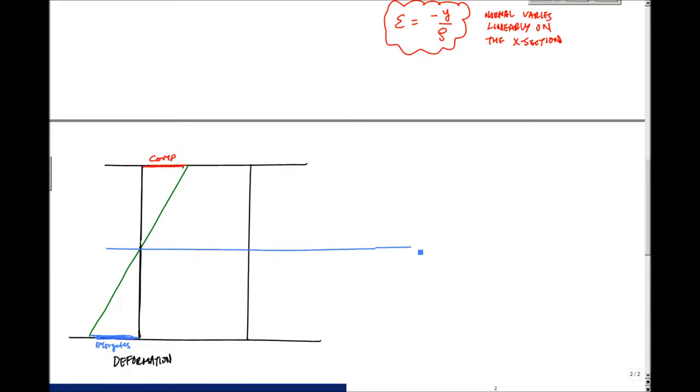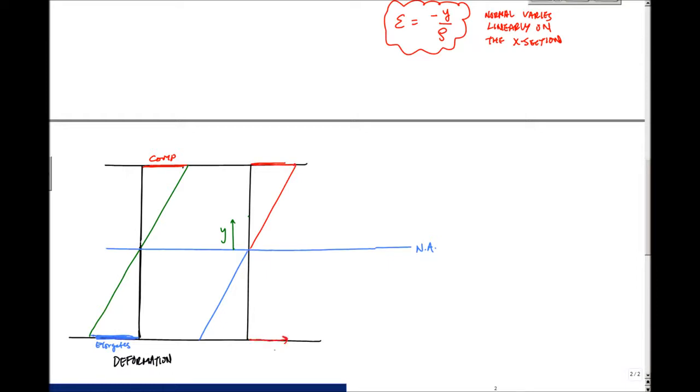At some location above, this is my positive y direction, y positive upwards, I have compressive strain, which I will say in red. I have a magnitude of compressive strain here, and then at the bottom I have tension strain right here.